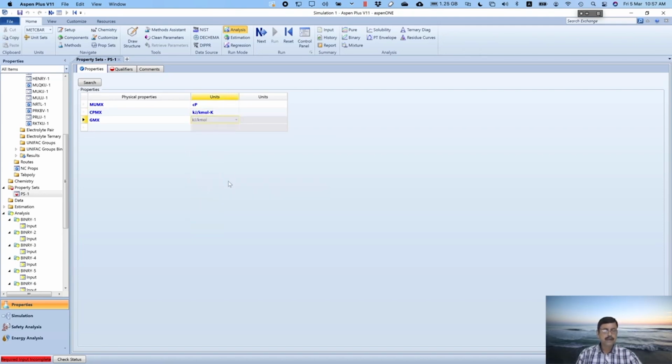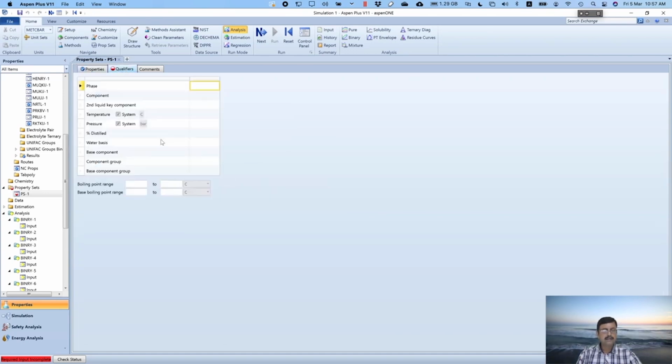And the qualifier, let us say vapor. And also you can say liquid, no problem. If we have a liquid phase, that's not a problem. So we have set the property.